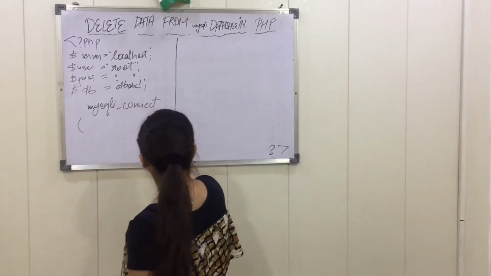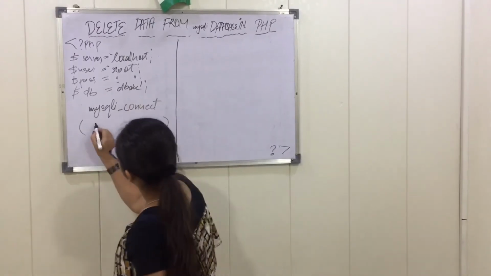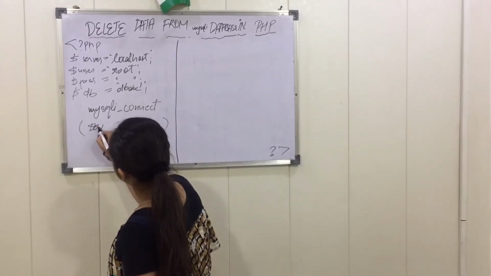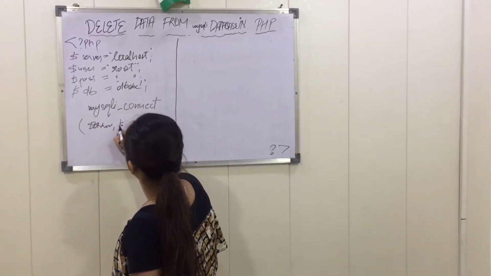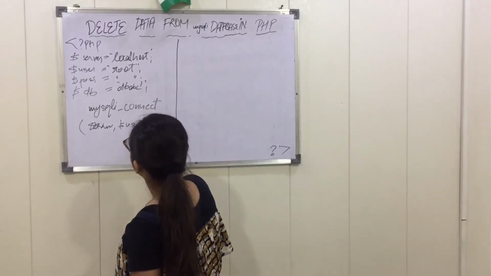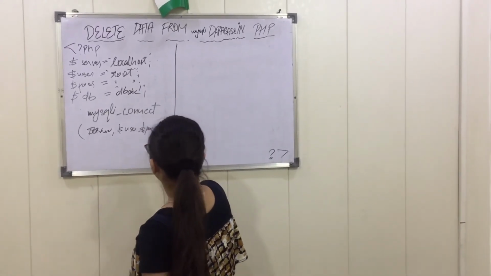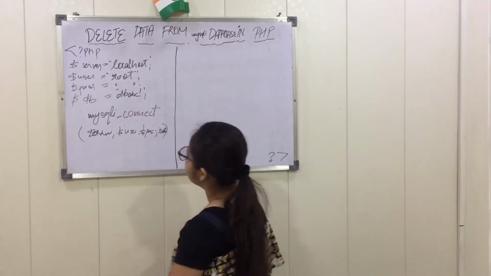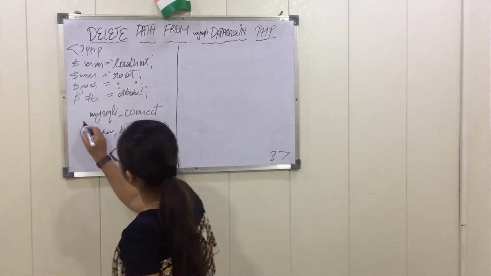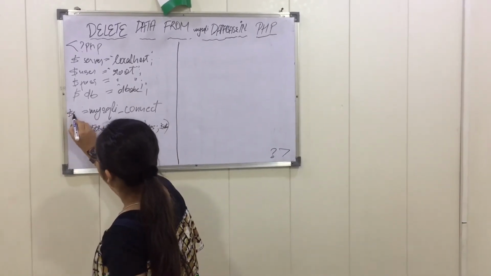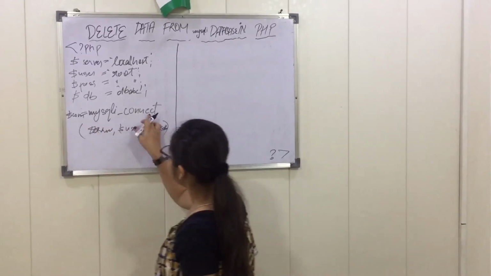After that, pass the variables which are $server, $user, $pass, $db. We will put this into a variable, that is $com, which is used to make the connection.